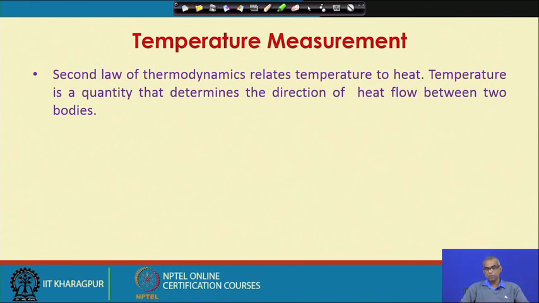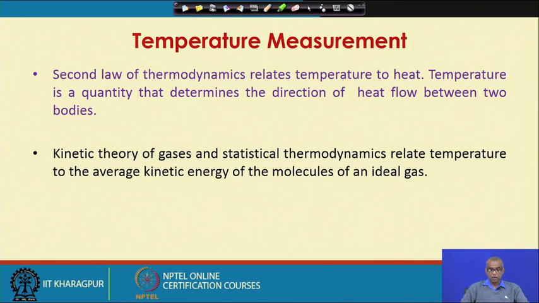The second law of thermodynamics relates temperature to heat. Temperature is a quantity that determines the direction of heat flow between two bodies. You know that heat will flow from a point of higher temperature to a point of lower temperature. Kinetic theory of gases and statistical thermodynamics relate temperature to the average kinetic energy of the molecules of an ideal gas.